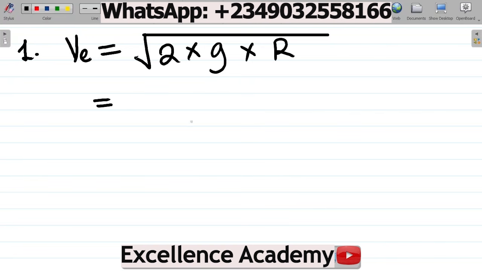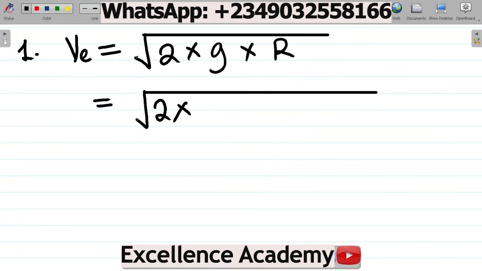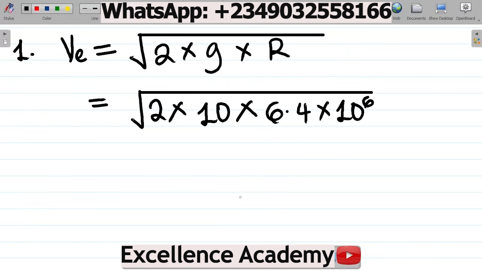Let's impute values. So we have the square root of 2 times 10, since they said we should take G as 10, times R. Of course, R, the radius of the Earth, is given as 6.4 times 10 to the power 6.